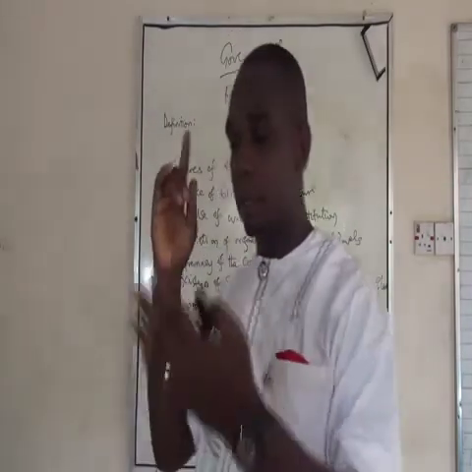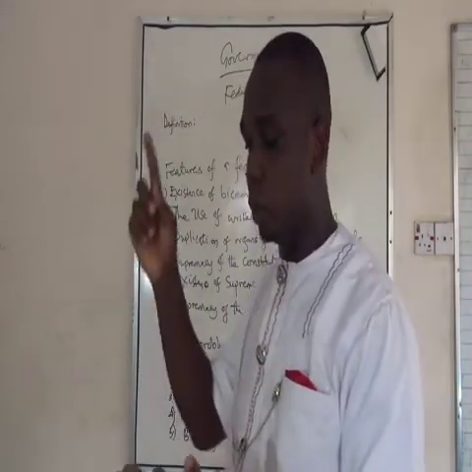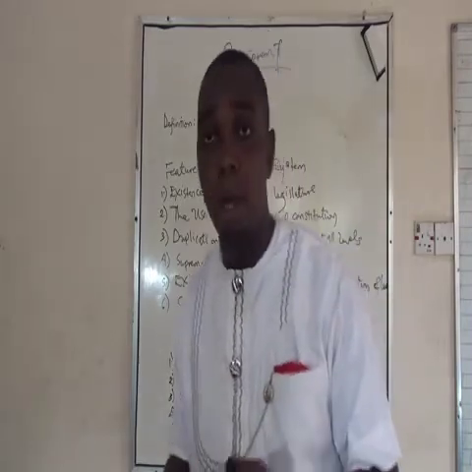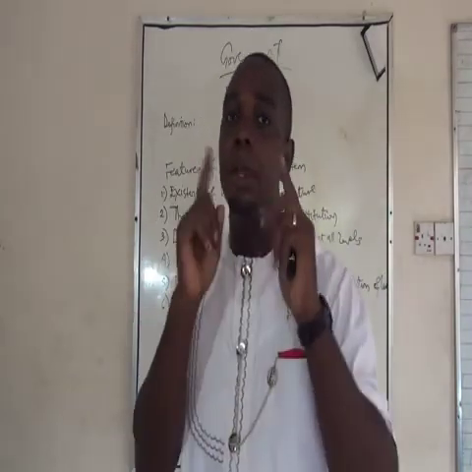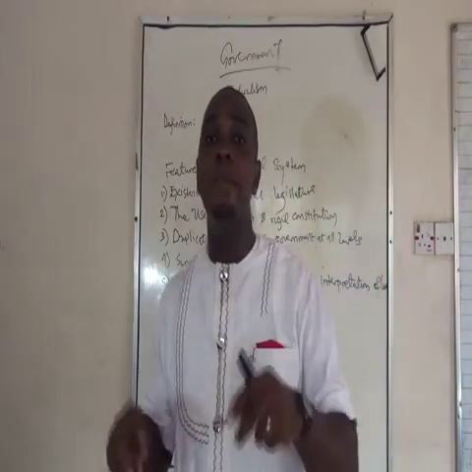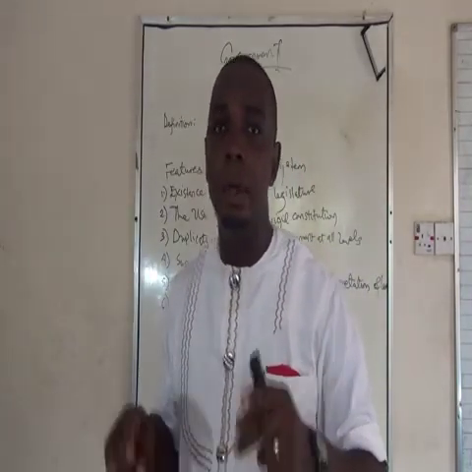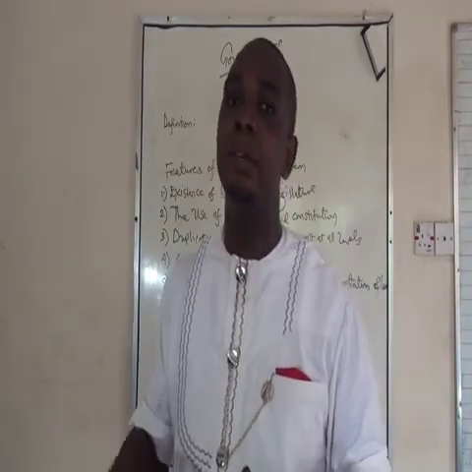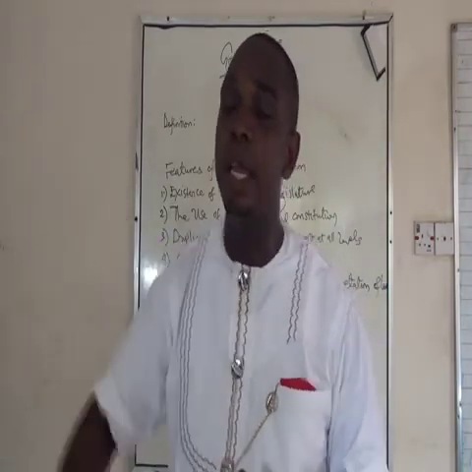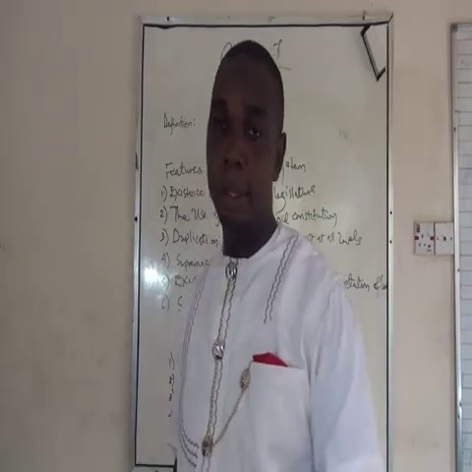Is that okay? Let me repeat it again. You're going to give me the definition of a federal system in your own words, and then equally give me a brief overview of the development of a federal system in Nigeria. Thank you very much.